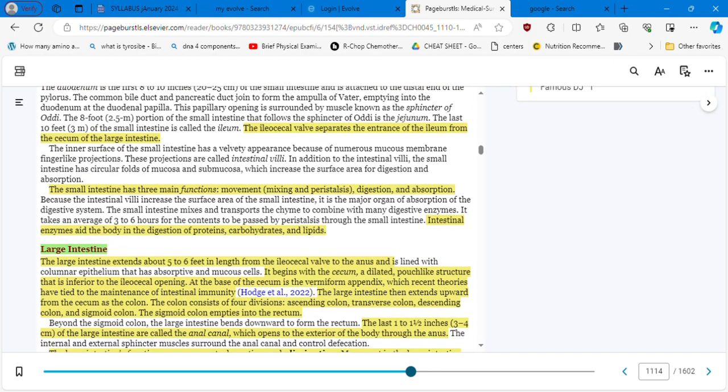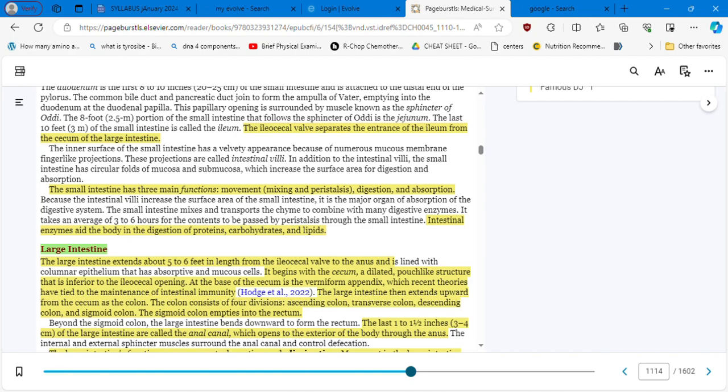The ileocecal valve separates the entrance of the ileum from the cecum of the large intestine. Again, the ileocecal valve separates the entrance of the ileum from the cecum of the large intestine. And believe it or not, some students that I talk to, not in this course, but when I am precepting some people in the clinic, they confuse the ileocecal valve with the appendix, and it's not.